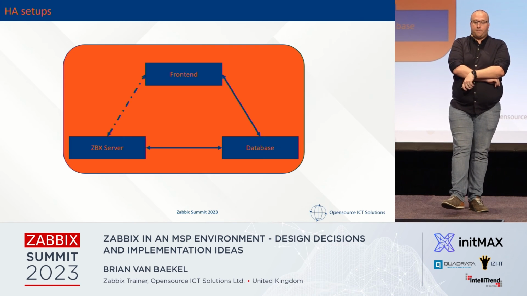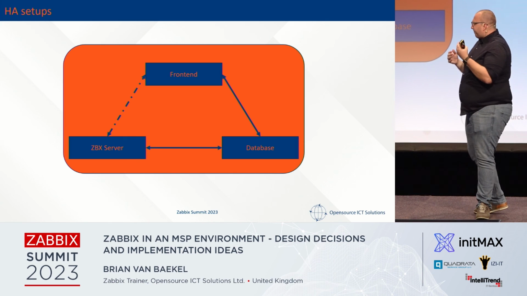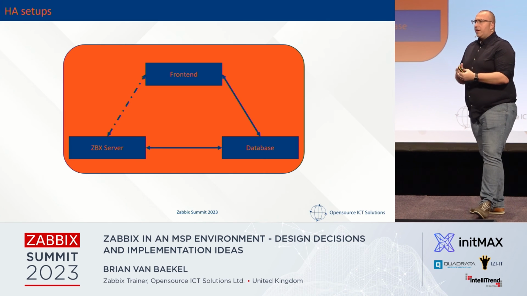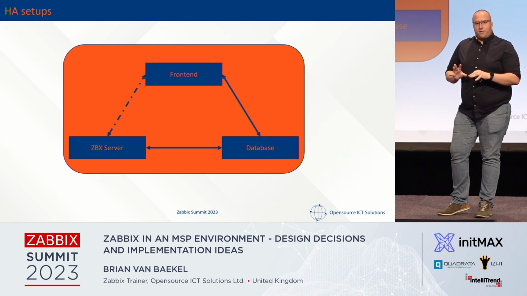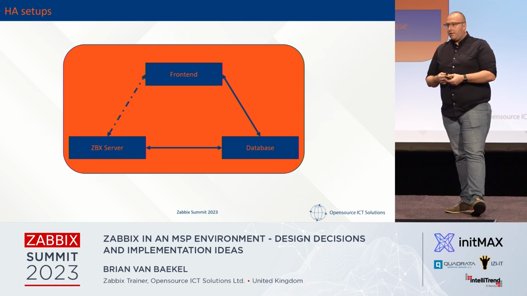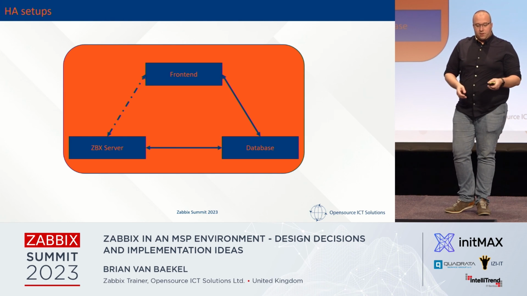So proxies. Okay, then, and I'm not going to discuss in depth how we are building all HA environments, but this is just a single Zabbix server hosting all 3 different services. So the front end, server daemon, the database. Single point of failure. I mean, machine goes down, Zabbix is gone.